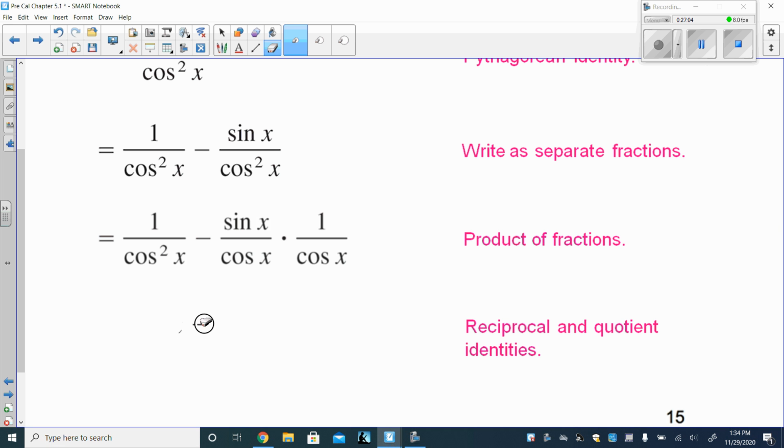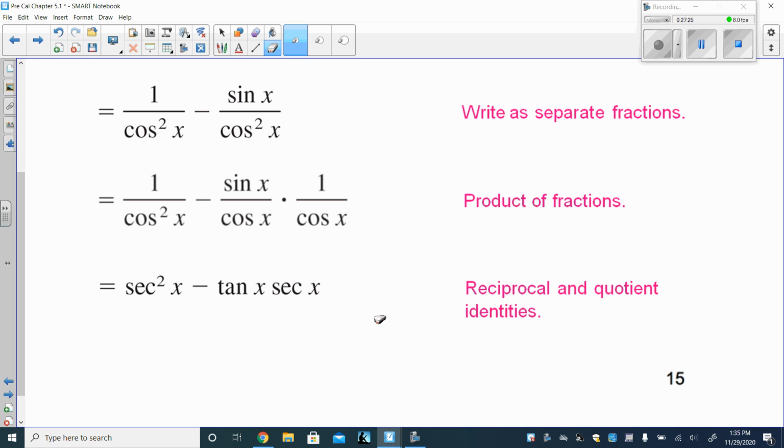As our secant. So 1 over cosine squared is the same as secant squared. Sine over cosine, well, that's tangent of x. And 1 over cosine is the same as secant of x.